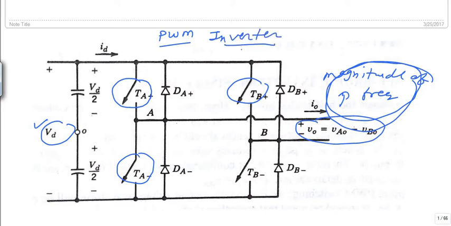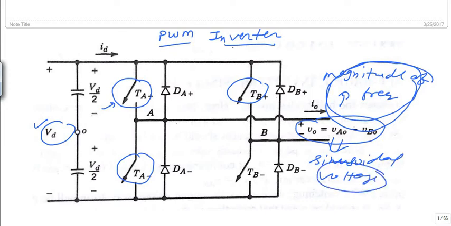There are various schemes by which we can pulse width modulate the inverter switches, but if we get the output shape as near as possible to a sinusoidal voltage, then this particular scheme is called the SPWM technique.